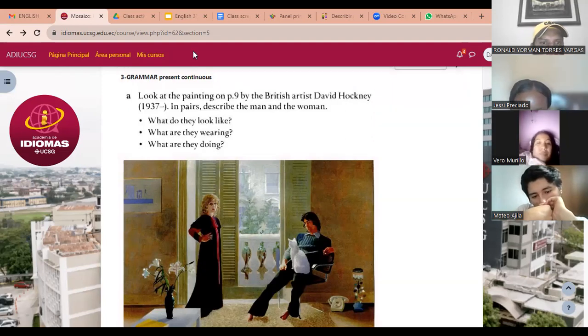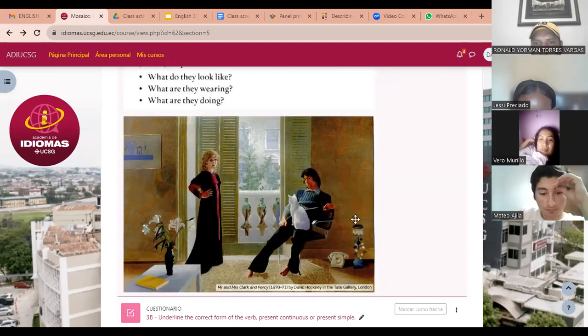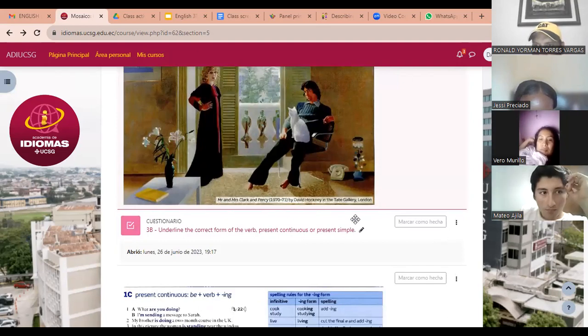And the guy is, thank you, Vero. The cat is looking at the window. Yes, that's right. It's a white cat. And the guy is wearing trousers and a sweater, but no shoes. So what is next to the guy, Mateo? There are two different objects next to the guy.